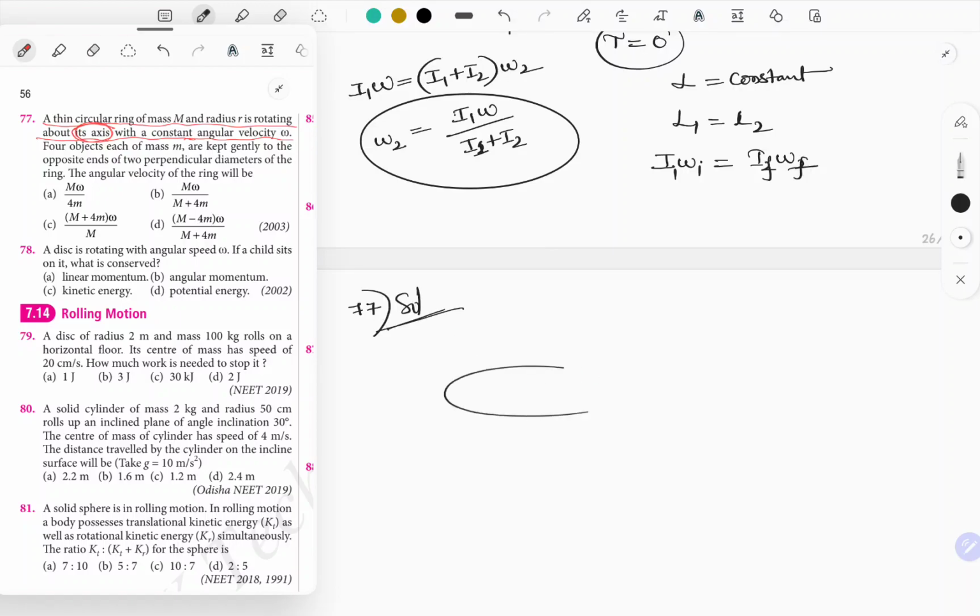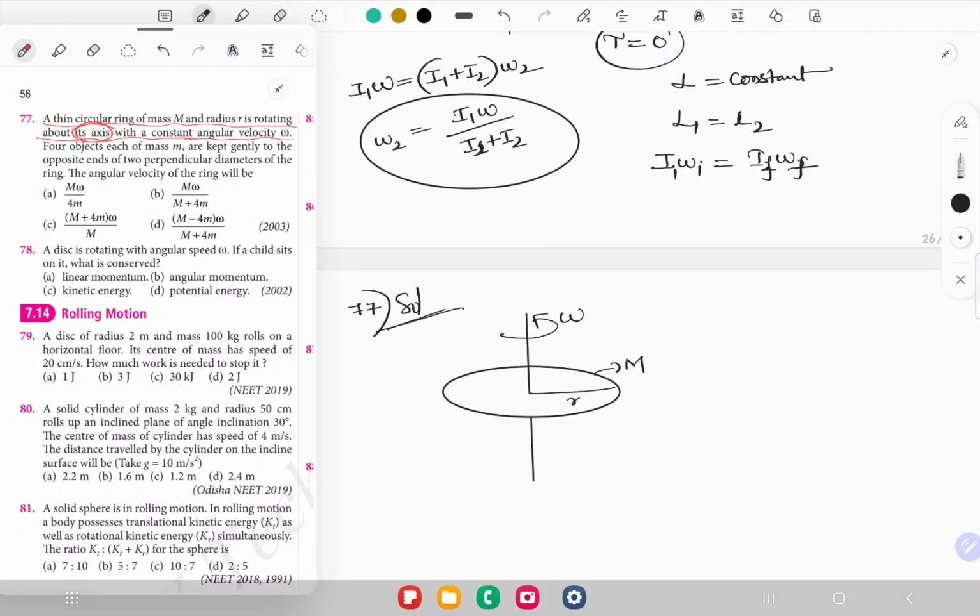A ring of mass capital M and radius small r is rotating about its axis, which is perpendicular to the plane and passing through the center of mass, and this axis is rotating with an angular velocity omega.